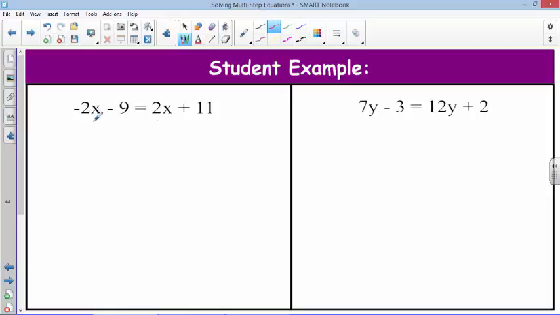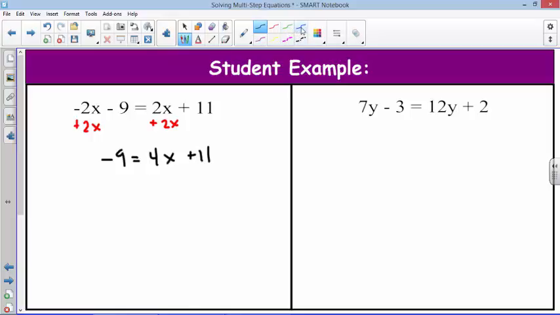So here I have negative 2x minus 9 equals 2x plus 11. I'm going to move my 2x to the right by adding, well, not 2z, 2x to both sides. So now I have a negative 9 equals 4x plus 11.